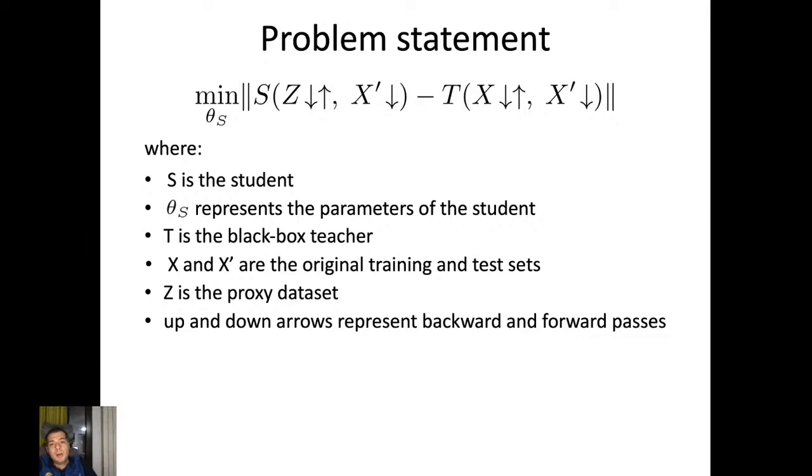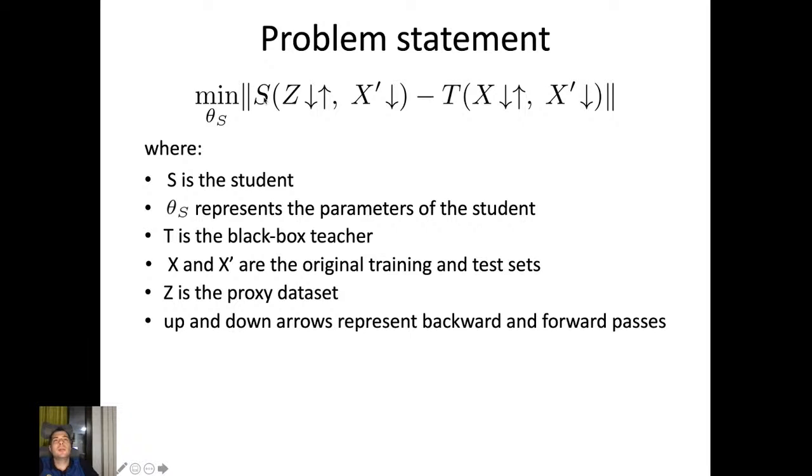Okay, so the objective that we want to optimize is, we want to make sure that the output of the model copy, S here, matches the teacher.